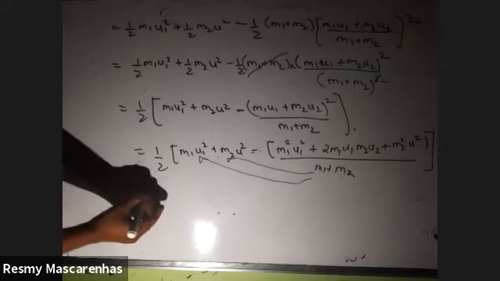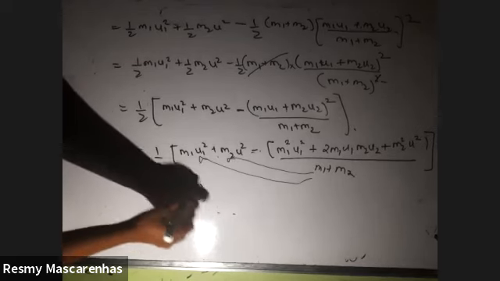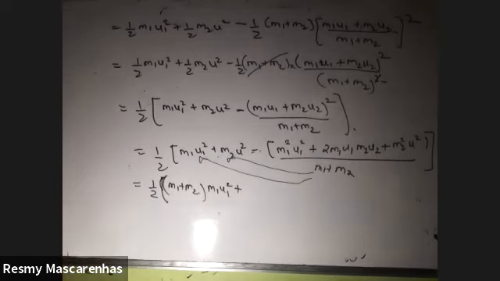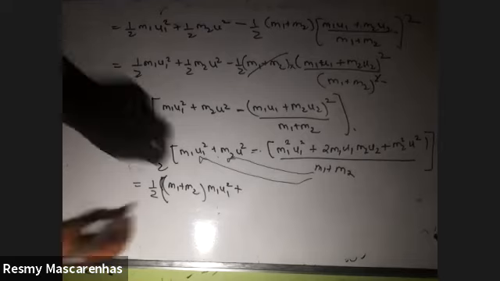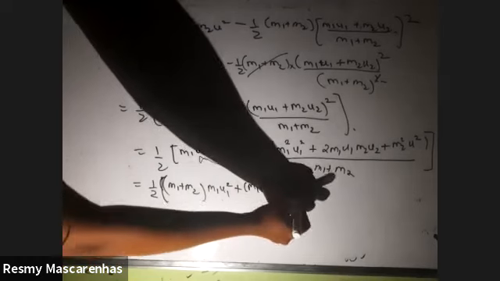So this will be half m1 plus m2 into m1 u1 square plus m1 plus m2 into m2 u2 square.